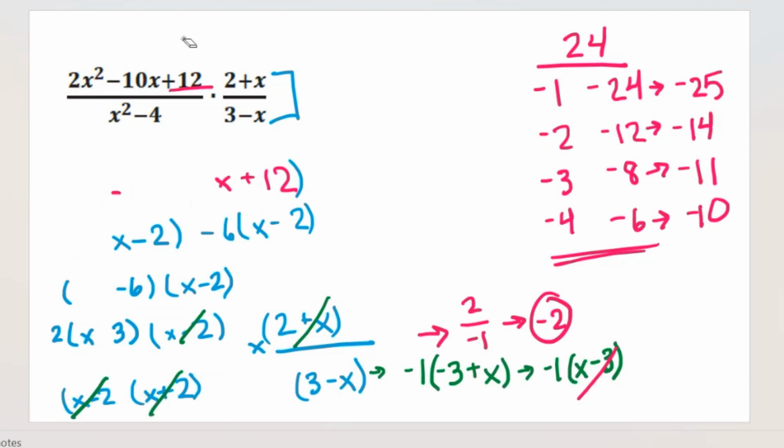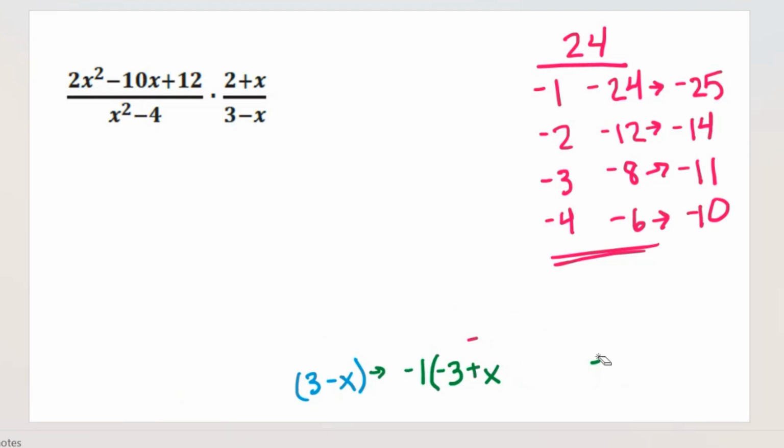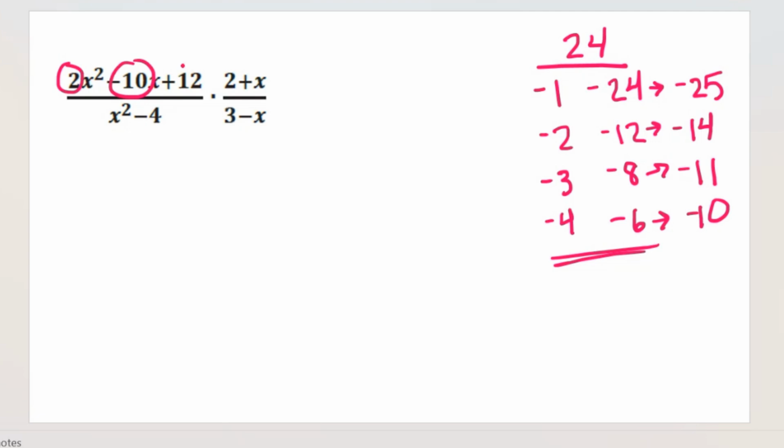I'm going to erase everything on the board, and I want to start by thinking about how I could factor that numerator. When I look at the numerator in the first problem, I see that there are 2's already there. So all of these have a factor of 2.